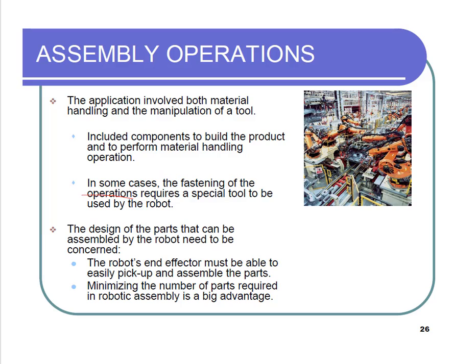The design of the parts that can be assembled by the robot needs to be considered. The robot end effector must be able to easily pick up and assemble the part, and minimizing the number of parts required in robot assembly is a big advantage.